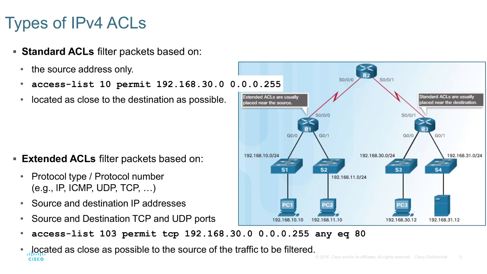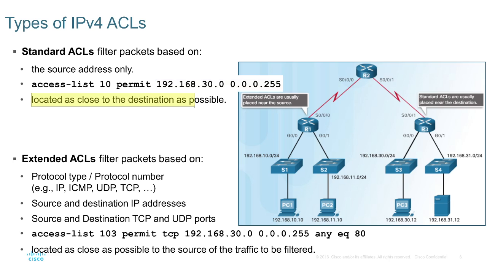The standard access control list only considers the source address, that is, where the packet is coming from. So a particular access control list number 10 will permit any packet coming from this particular network or source address. Any source address matching that network will be permitted.